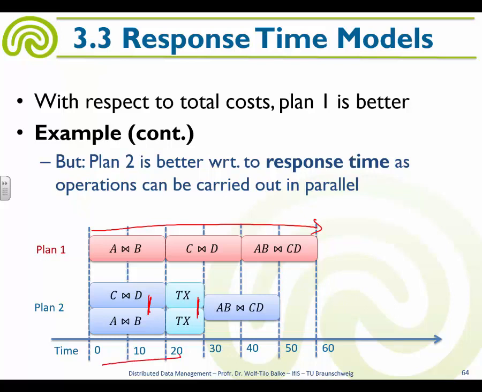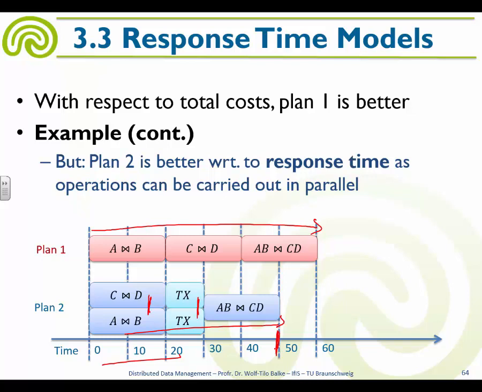So the 30 time units that are necessary to do that have to be spent twice, but at the same time on different nodes. So for the total time, you only have 50 time units instead of 60, right?